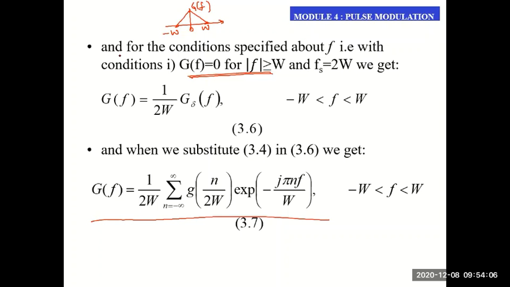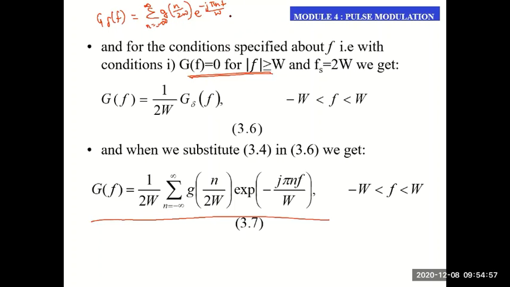Usually what happens, let me say, G delta of F, we had written it as summation n is equal to minus infinity to plus infinity G of n by 2W e to the power of minus j pi n f by W.